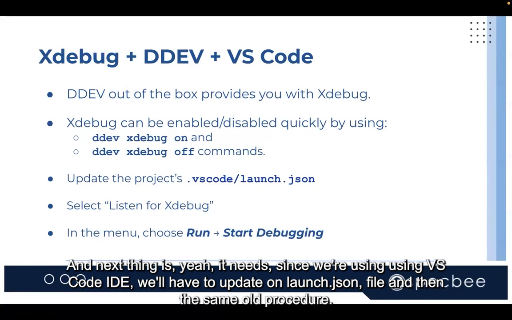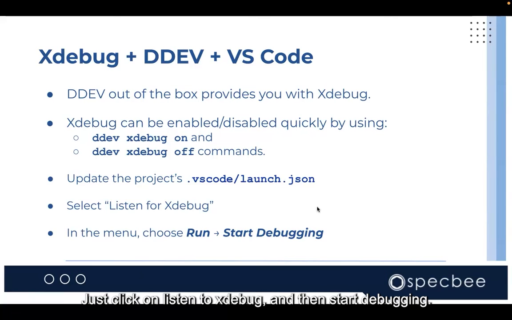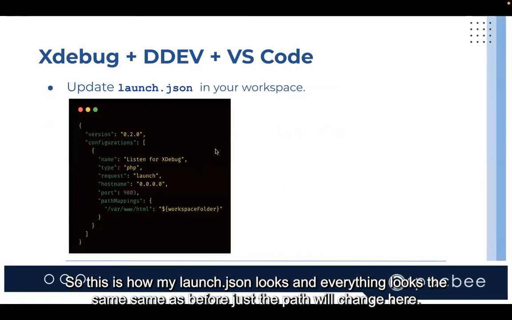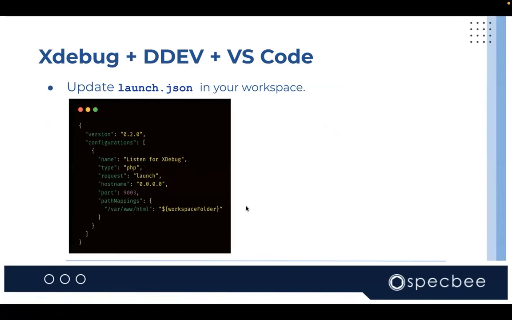And next thing is, since we're using VS Code IDE, we'll have to update our launch.json file. And then the same old procedure, just click on listen to Xdebug and then start debugging. So this is how my launch.json looks, and everything looks the same as before, just the path will change here.